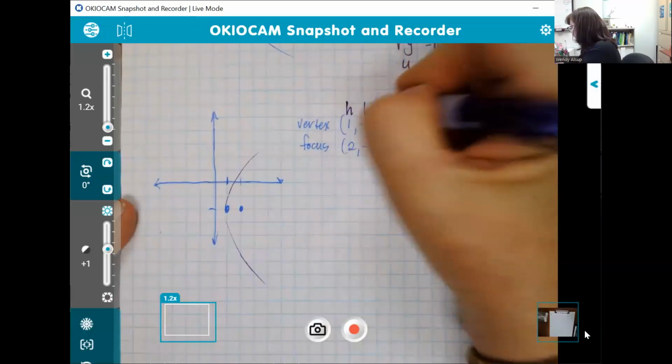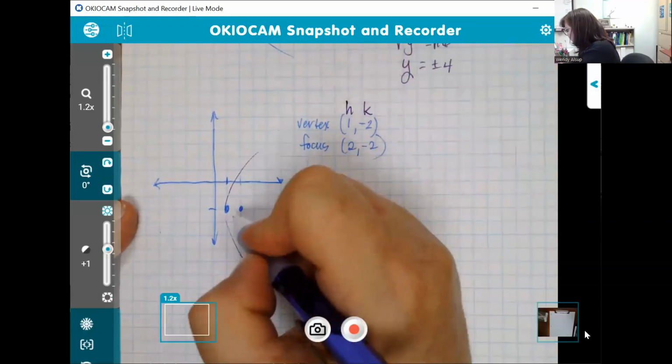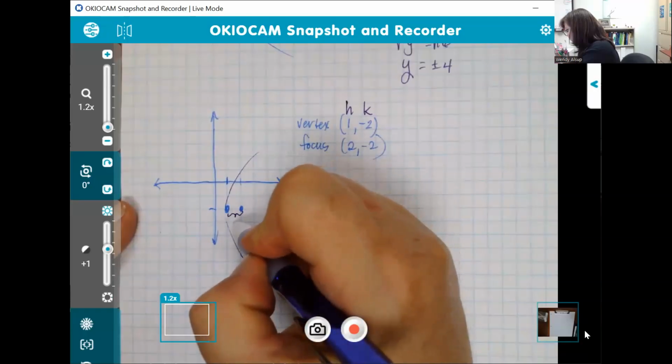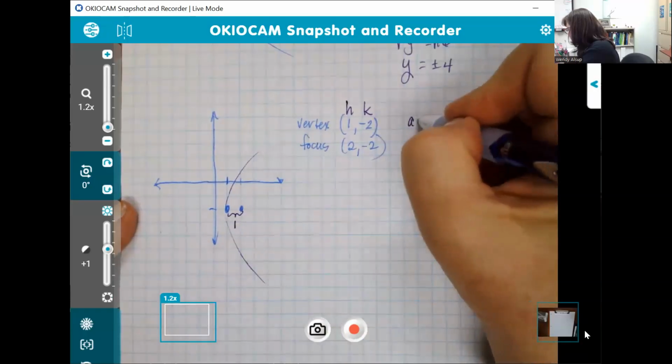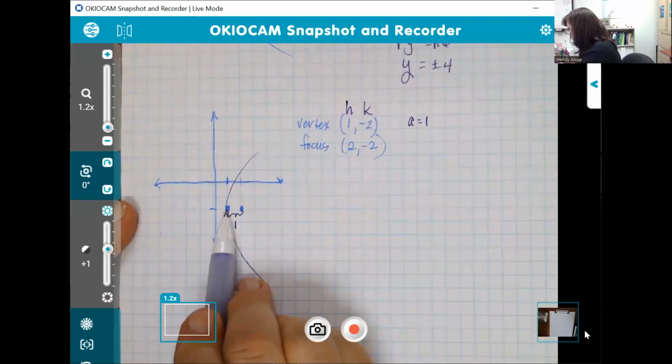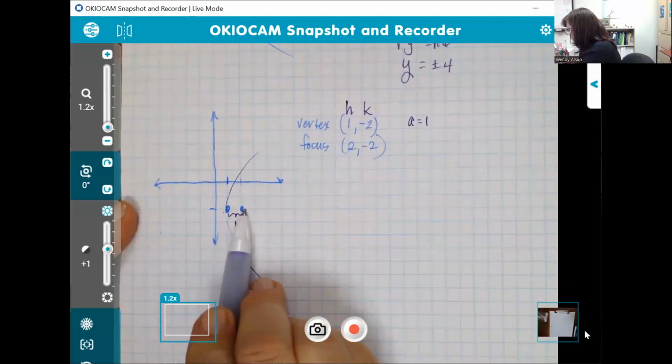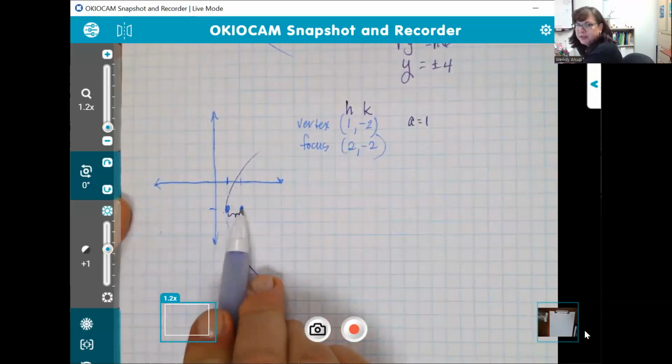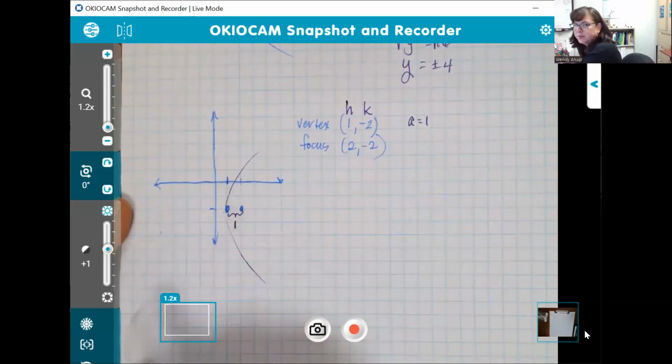This is my h, k value. My a value is going to be 1 because that's the distance from the vertex to the focus. Vertex is on the parabola, focus is within the parabola.